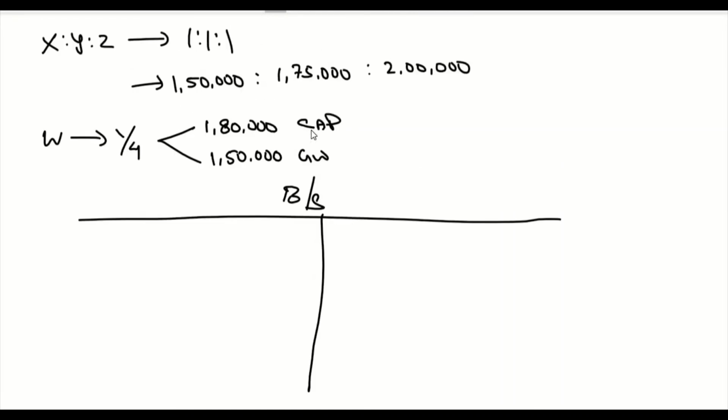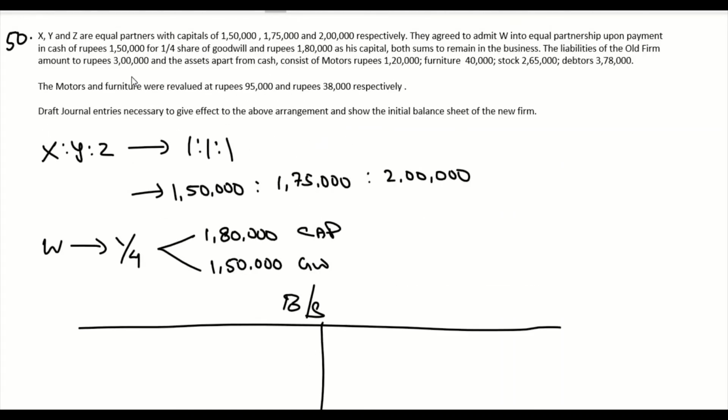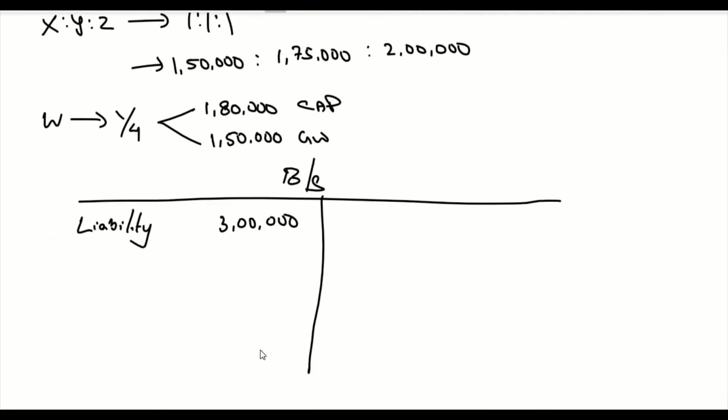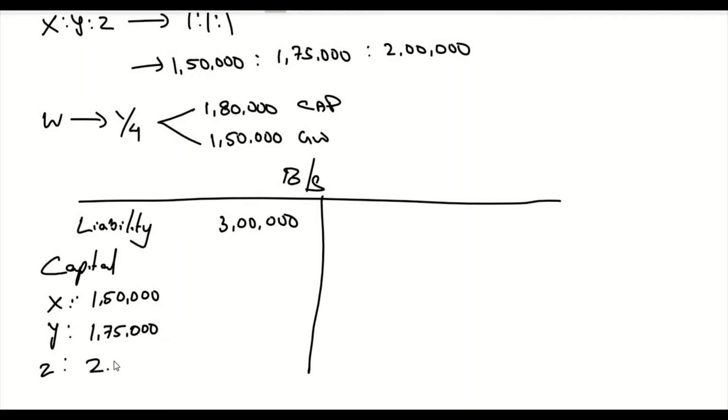So before the admission of the new partner, they say that there is a liability of rupees 3 lakh. Then we also know the capitals of the partners, X, Y and Z: 1,50,000, 1,75,000 and 2 lakhs.